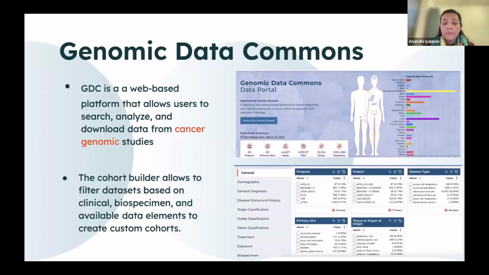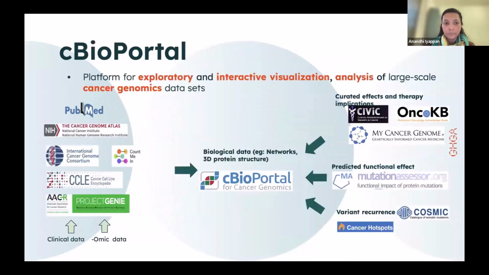This particular database came with a cohort builder, which helped in filtering the data sets based on features. As we saw in NCBI GEO, which was much simpler, this has a wider or more diverse range of filters or fields based on which a person can choose the data set that they might need. This has detailed information on the project with options to choose from, so it helps in very specific customization of data sets as well.